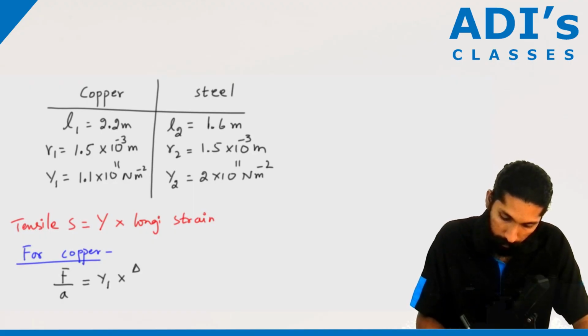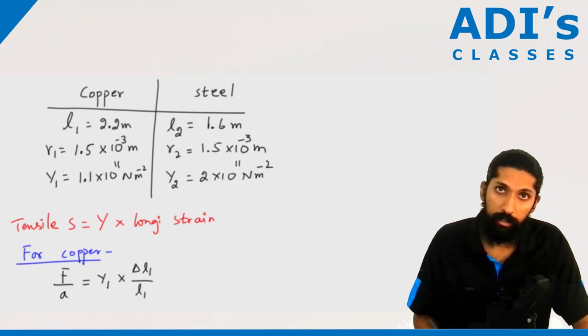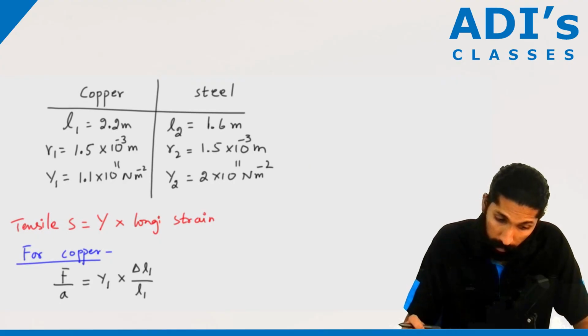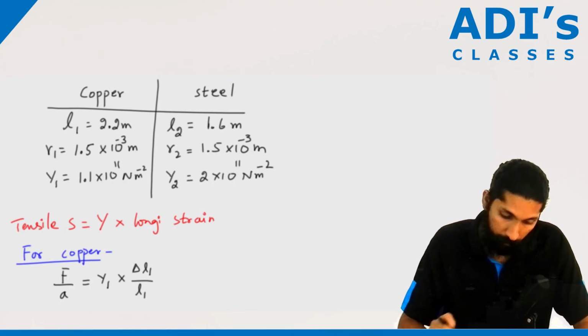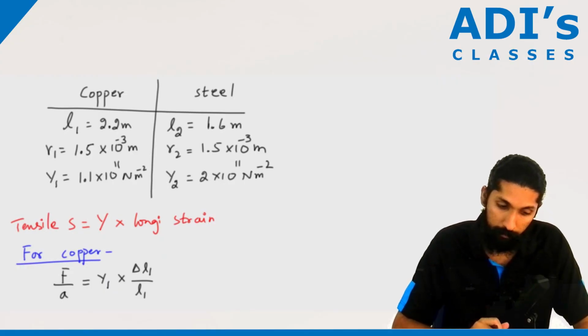Y1 into delta L1 divided by L1. Now delta L1, you do not know that. L1, you know it. Y1 you know it, and F divided by A.